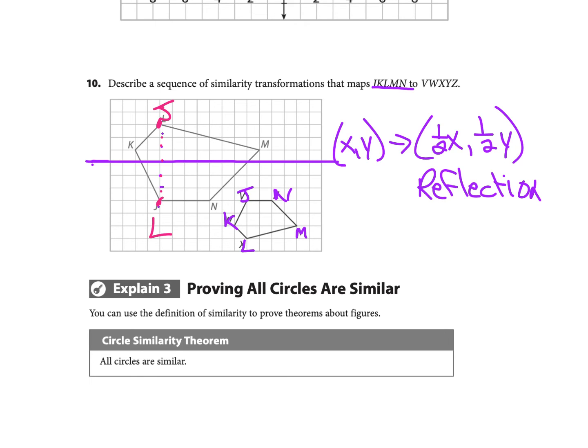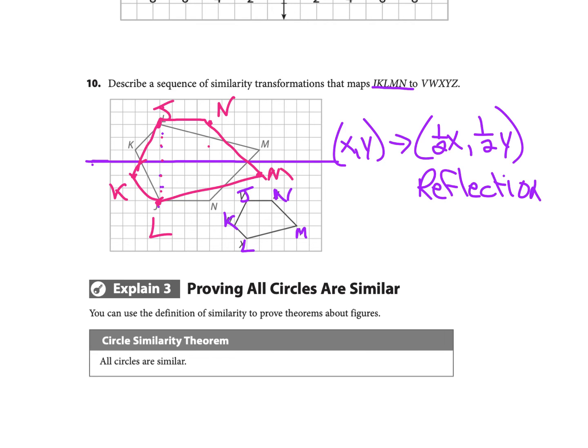N goes here. M will go here. N goes 1, 2, 3. Oh, I already did N. K will be here. Okay, so now I have it same.